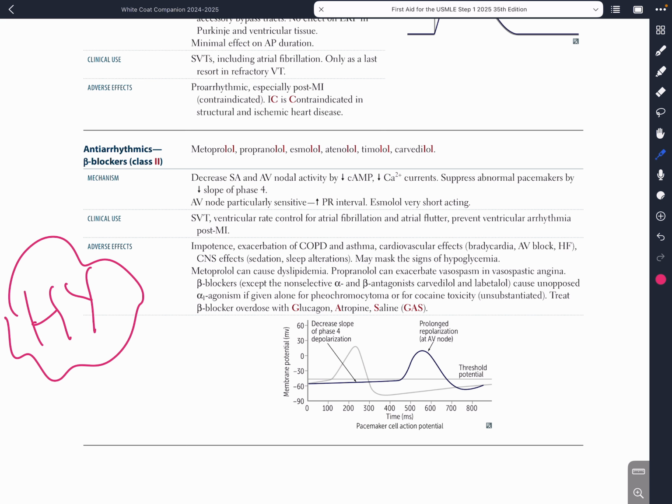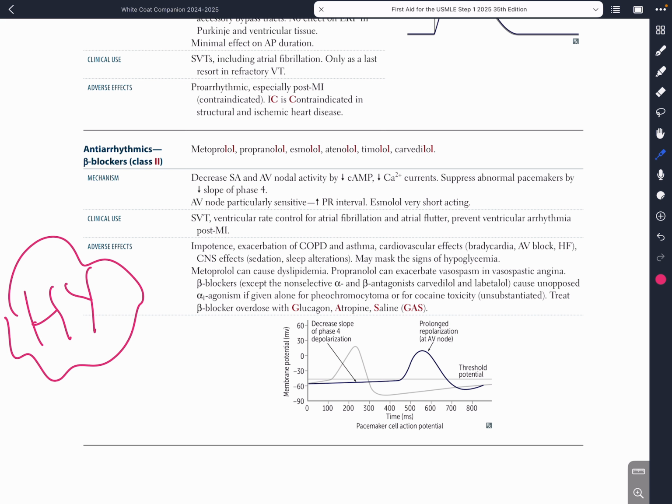So there are three takeaways for beta blocker adverse effects. Never give beta blocker to a COPD patient. Never give beta blocker to an elderly patient with bradycardia.